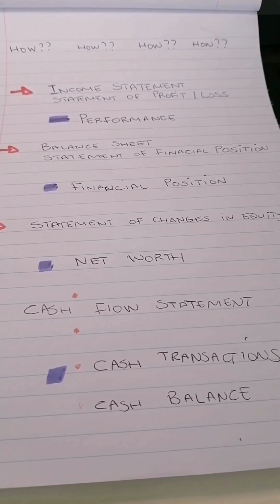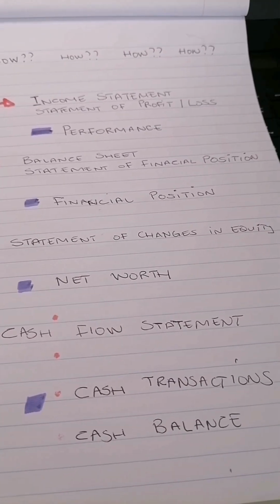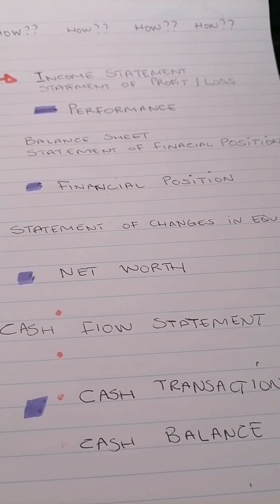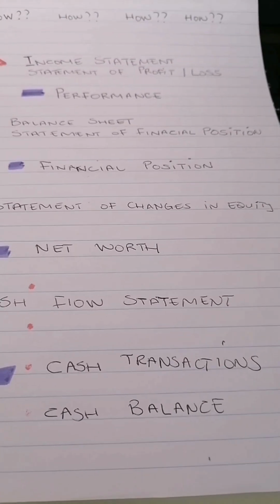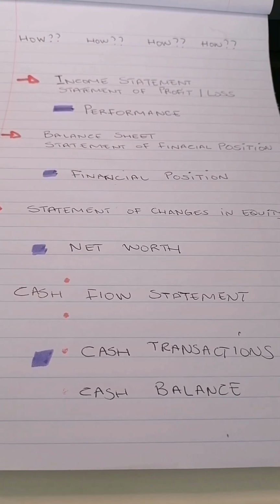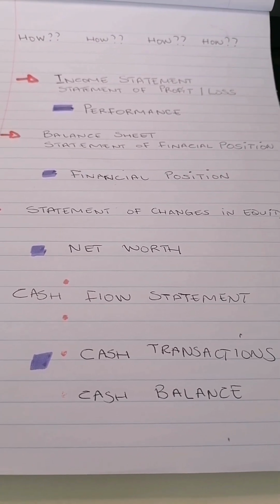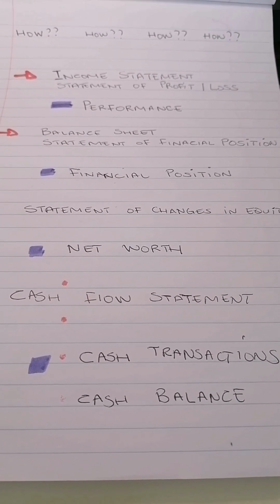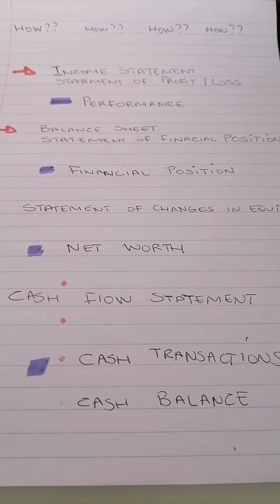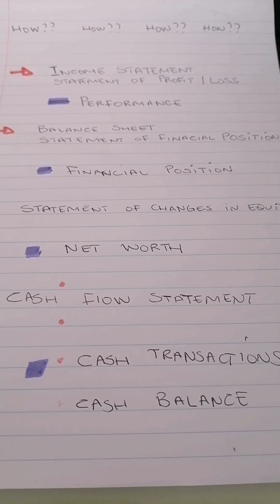Sorry, let's move on. Cash flow statement. This one is pretty much straightforward. As it says, it's a cash flow. Everything cash is summarized in this statement. What are the transactions? What is your balance at the end of the period?